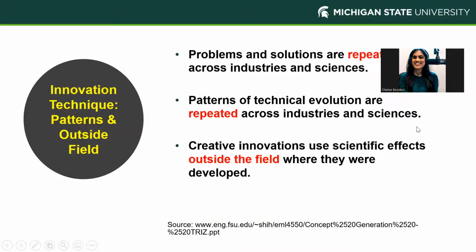And finally, creative innovations use scientific effects outside the field where they were developed. So if you have that innovative mind, you can train your mind to look at patterns and scientific effects outside your field. I will give you an example.